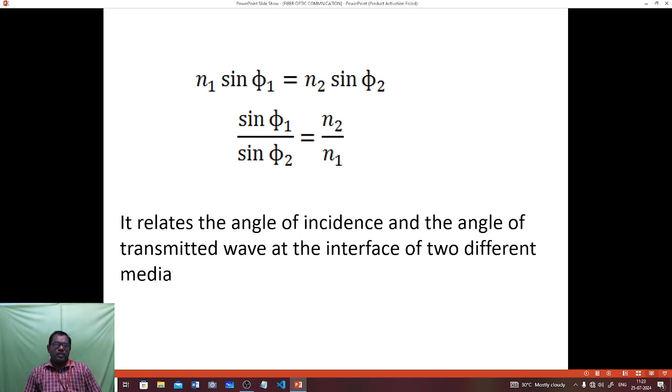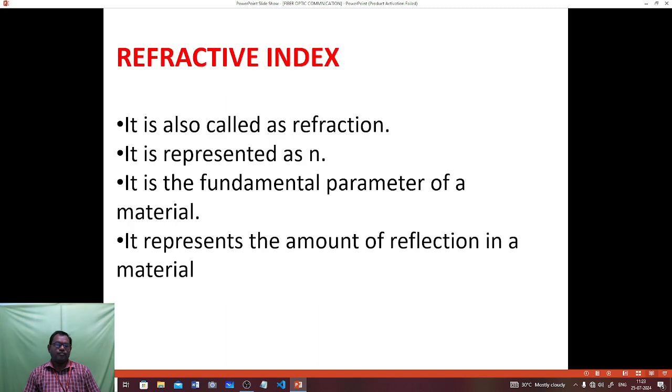From this equation we derive sin phi 1 divided by sin phi 2 is equal to n2 divided by n1. It relates the angle of incidence and the angle of the transmitted wave at the interface of two different media. So next parameter is the refractive index. It is the basic definition or basic parameter of the core and the cladding.